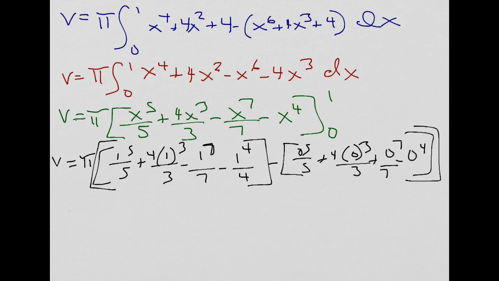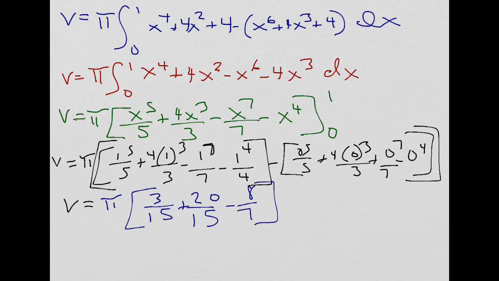So not too bad. So volume's going to be pi times 3 over 15 plus 20 over 15 minus 8 over 7. I'm going to make a common denominator again.